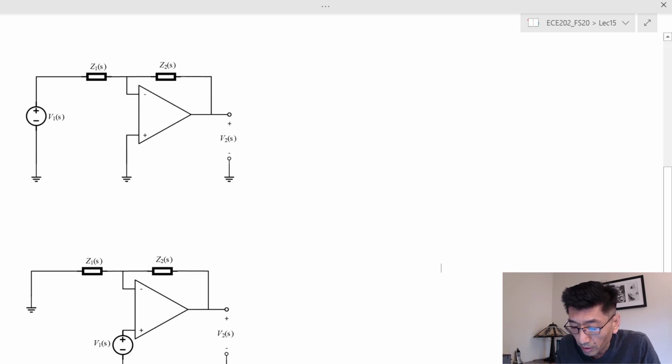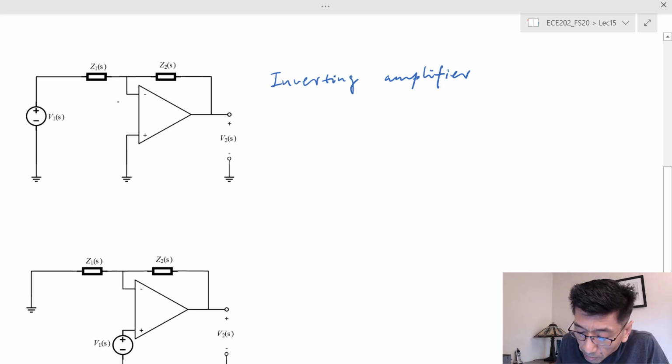The first configuration here, we call the inverting amplifier, and in this case V2 and V1 are related. I don't want to memorize this, and if you want to memorize it, it's fine, but you might forget it sometimes, right?